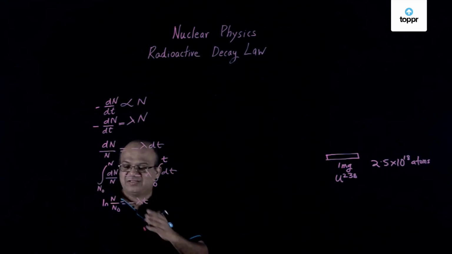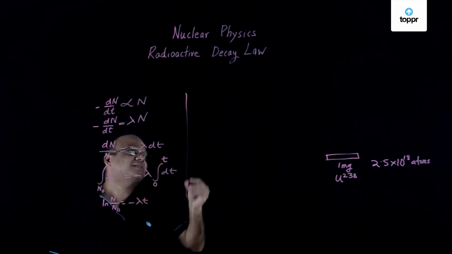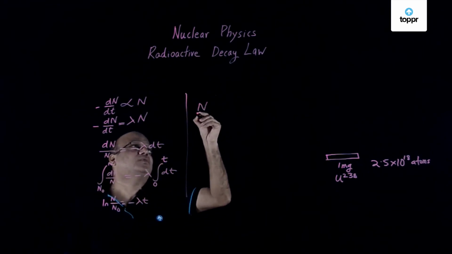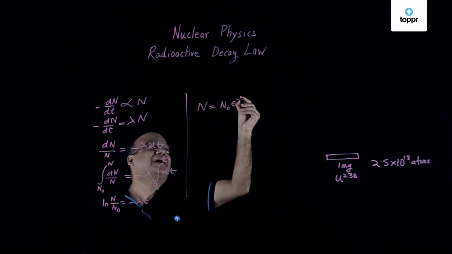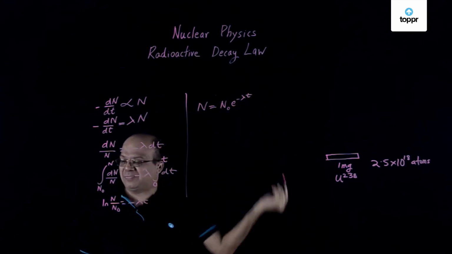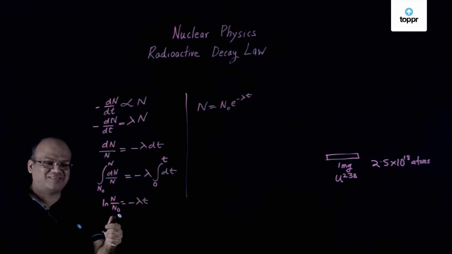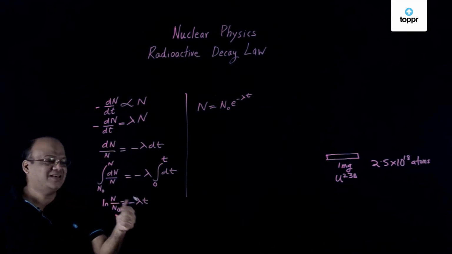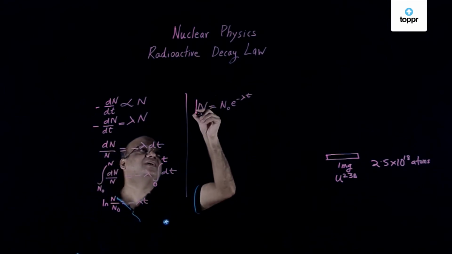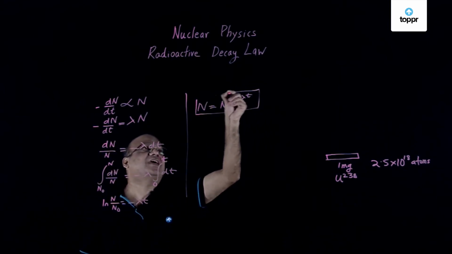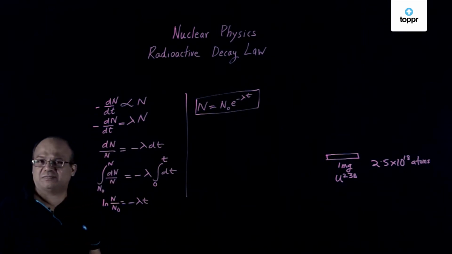Now, this can also be written as N equal to N naught e to the power minus lambda t. Simple maths. Therefore, N is N naught e to the power minus lambda t. This is radioactive decay law.